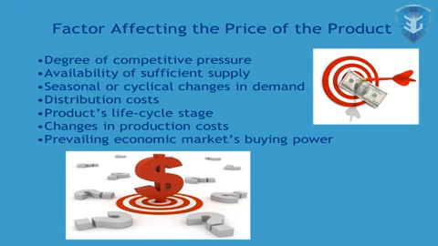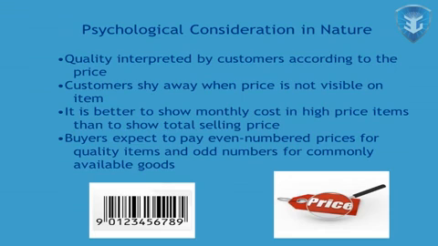Factors affecting the price of the product: the degree of competitive pressure, the availability of sufficient supply, seasonal or cyclical changes in demand, distribution costs, the product's life cycle stage, changes in production costs, and also prevailing economic markets' buying power. There are also some psychological considerations.